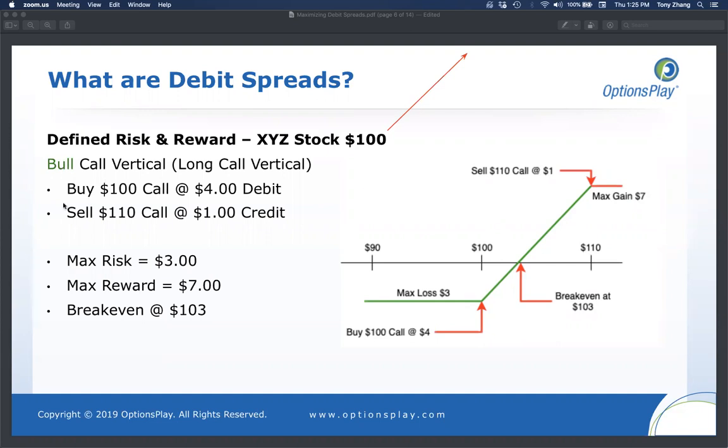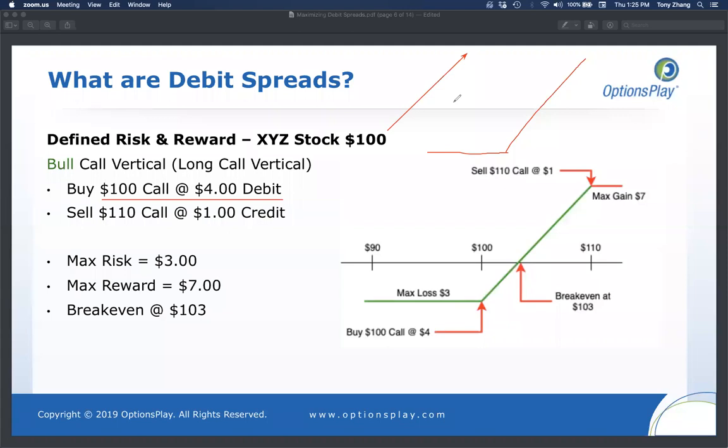So to trade a debit spread, you start with the same call option that you purchased before. Same thing, buying a $100 call option for $4. Now, if you remember in that call option before, what I'm paying for is unlimited upside. So I have a limited downside, but then I have unlimited upside. So the question you have to ask yourself is, I'm bullish on stock XYZ.